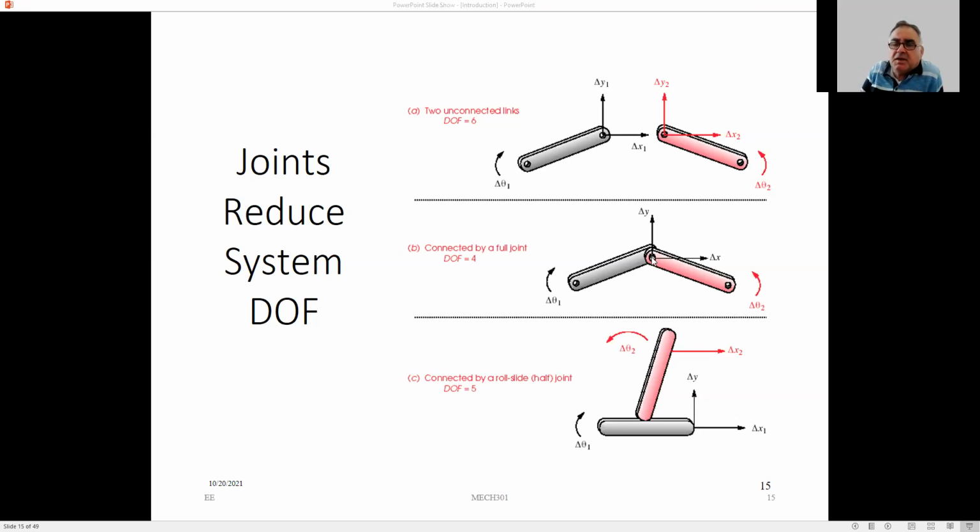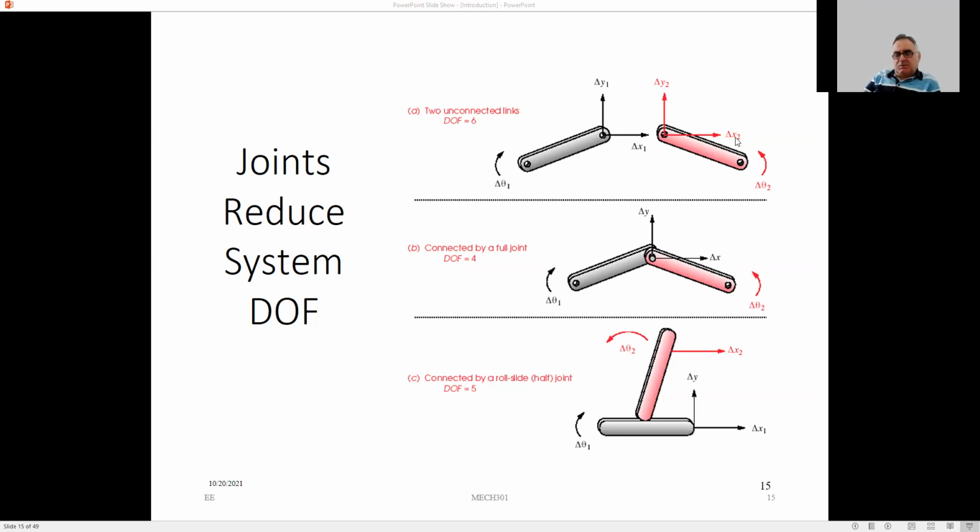But if I connect them with a pin joint here, or a revolute joint, it is called an R joint, the degree of freedom now decreases. How does it decrease? Now their translational motions become the same. They don't have a delta y1 and delta y2, but rather a delta y here, because those delta y1 and delta y2 have become the same.